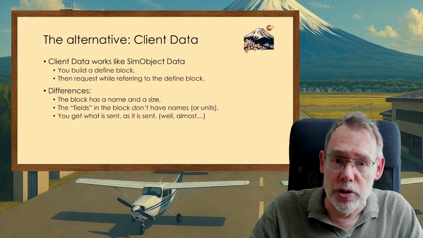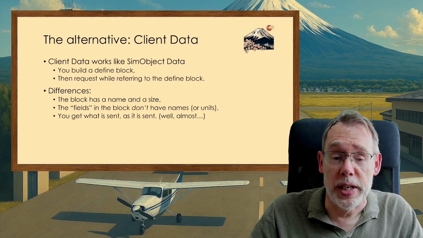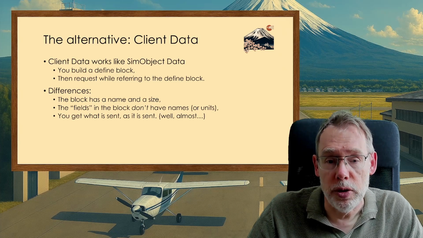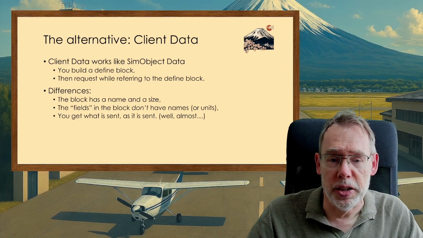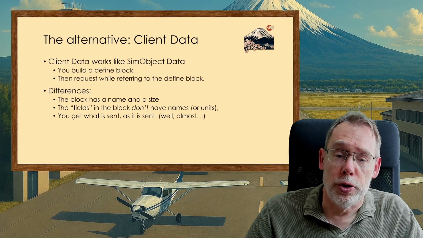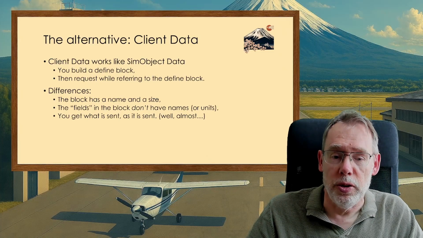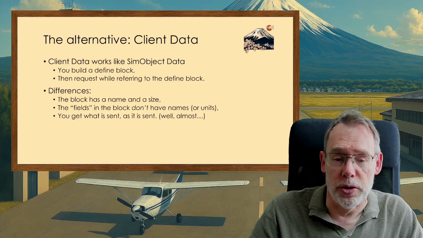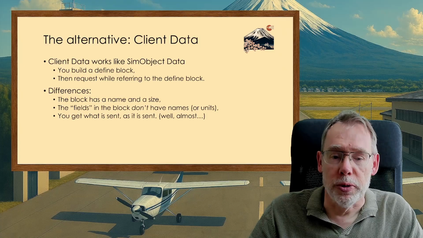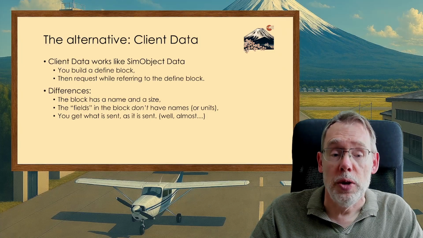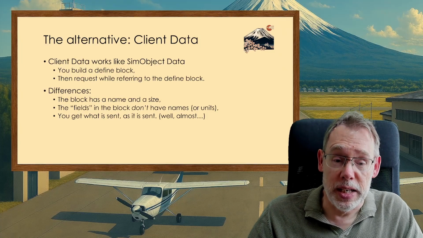There are fields, but they don't have names or even units. So if the publisher of a ClientData block returns a value in feet, you cannot say, I want that in meters, or the other way around. Flight Simulator will not be able to convert that for you. So you get what is sent as it is sent.